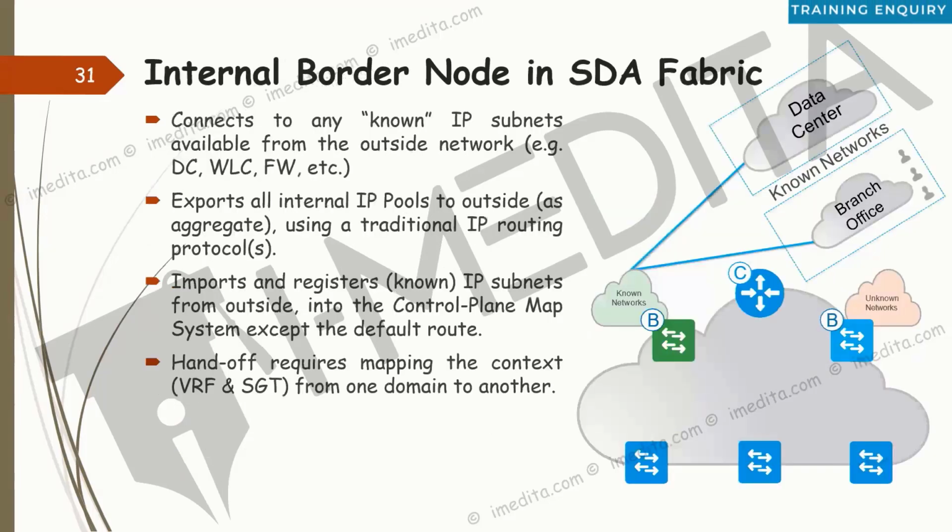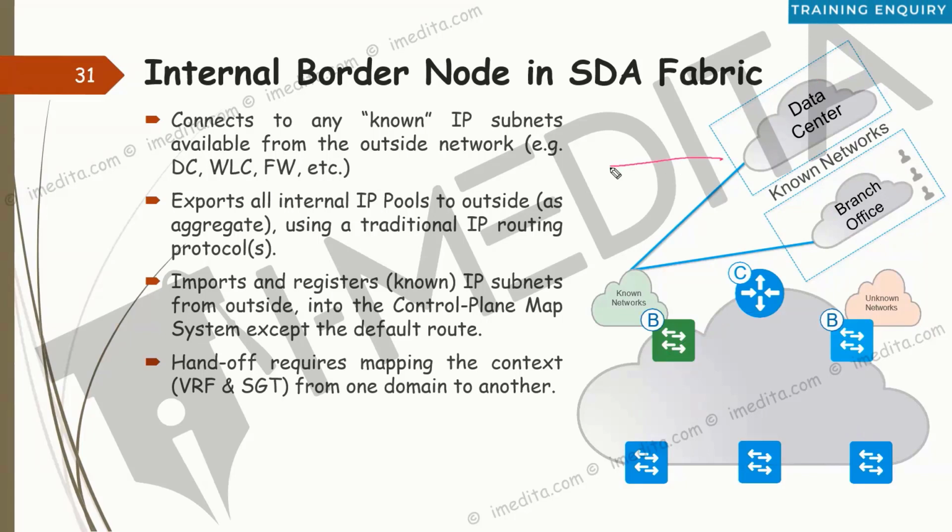The internal border node connects our SDA network to outside the SDA network, where the outside network is known to us. It is like a data center or branch office. So what will happen?